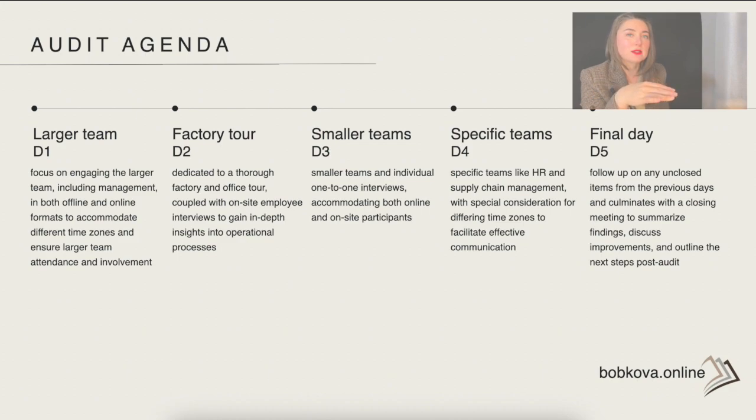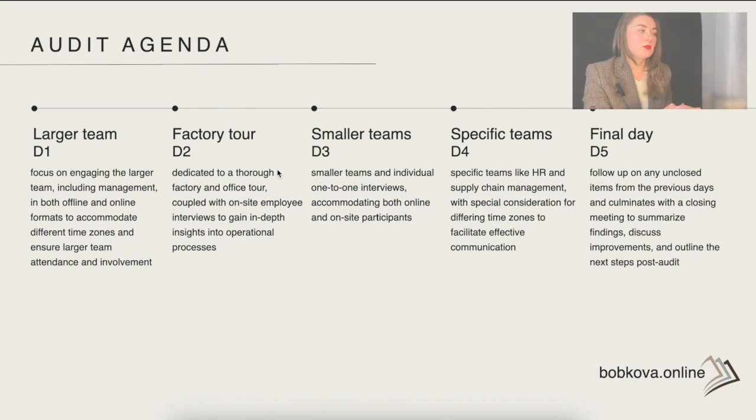Because of that, it's very important for everyone not to be late, not to delay this schedule in any way. So when you outline the schedule like that, everyone understands: if I'm attending a meeting as part of a larger team on day 1 or day 5, I cannot be late, I cannot ask to postpone this meeting or move it to a different time, because there are 200 other people who will be in that meeting.